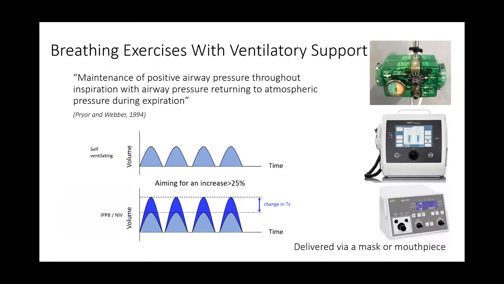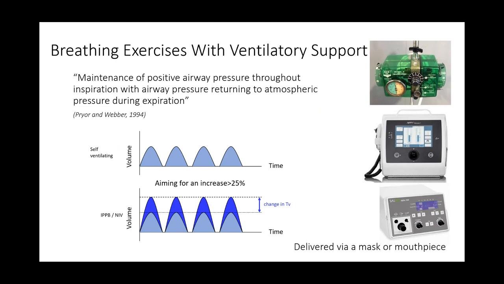Now, in patients who have ventilatory failure or fatigue easily, it is not always possible to do breathing exercises with those patients. And so these exercises can be modified, certain ones, to incorporate ventilatory support.